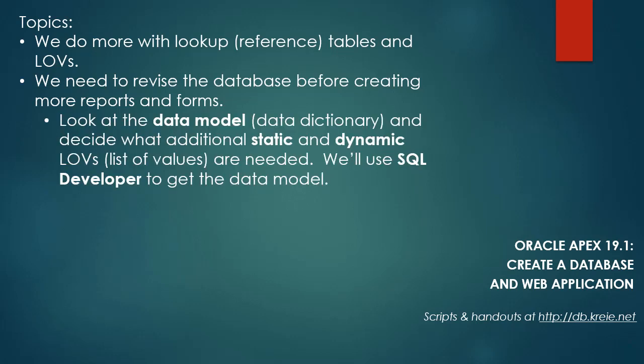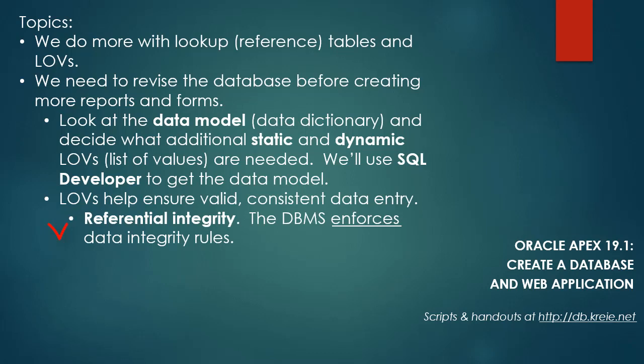We'll look at the data model, which is the data dictionary, and we'll decide what additional static and dynamic LOVs are needed. And we'll use SQL Developer to get the data model. So keep in mind that LOVs help ensure valid, consistent data entry. They enforce what we call referential integrity.